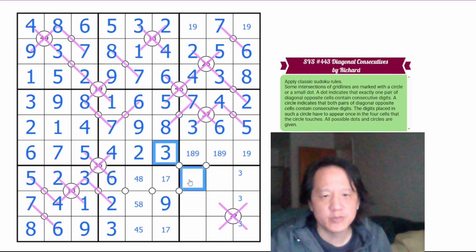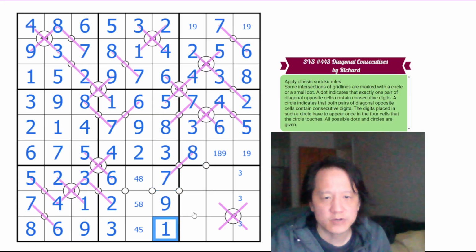So this cannot be the consecutive set. This must be consecutive then here. And it can't be 1, it has to be 7 and 8. So this is 7 and 8, this is 1. This cannot be 8 again.